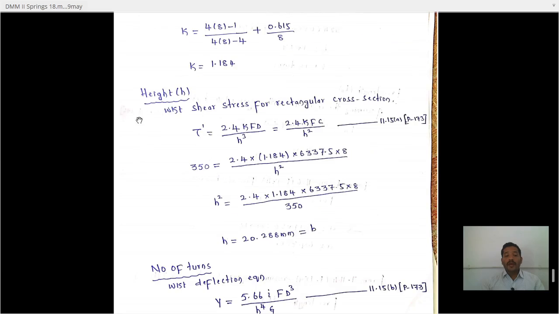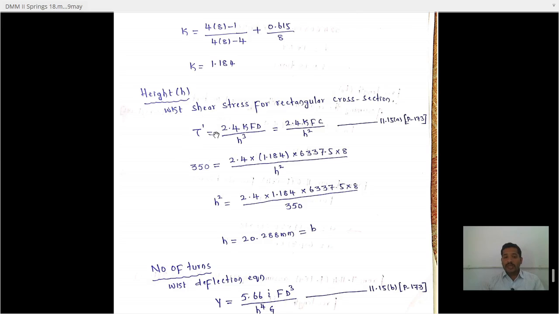If you want to find out the value of h, then we have to use the formula of shear stress for a rectangular cross section, because in the question they already mentioned the shear stress for rectangular cross sections.